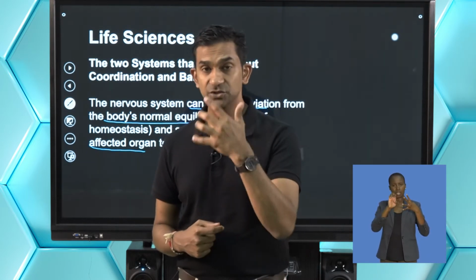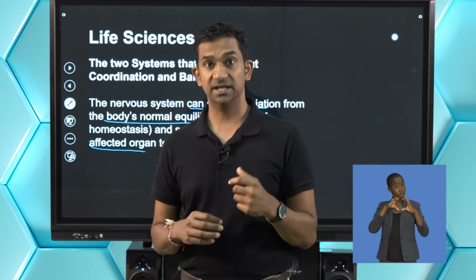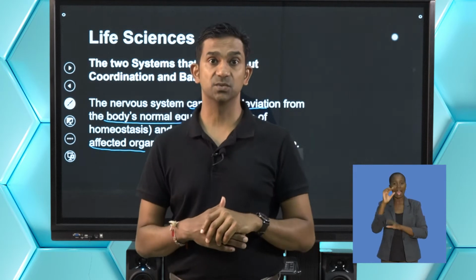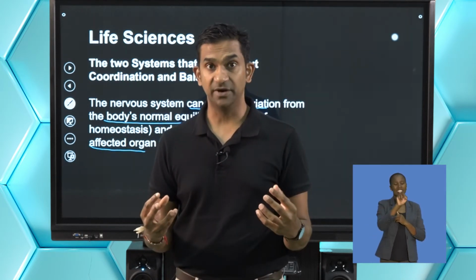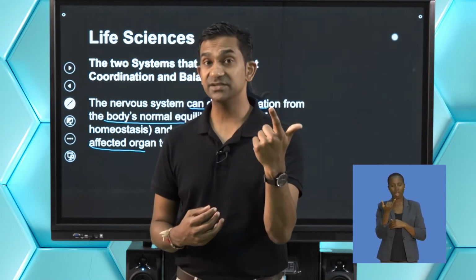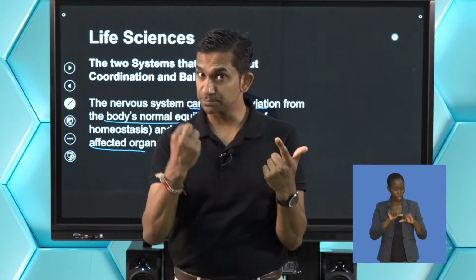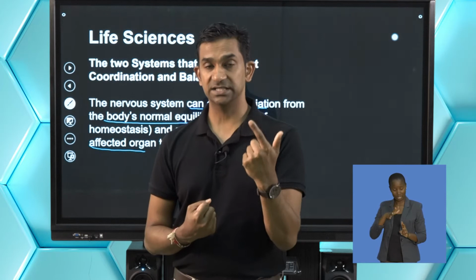So if we apply those four concepts to the communication mechanism, we would understand how the nervous system does that as well. So you have a stimulus, which would be an impulse that you get from the environment or a change in the body. You then have a sensory cell that responds to that and identifies that change or that stimulus.